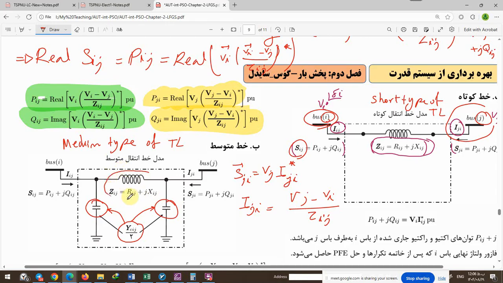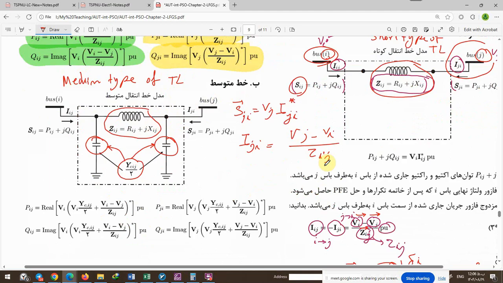The series impedance is located as in the short type. And for finding active and reactive power here, we have to calculate the current through this capacitor or through this capacitor.